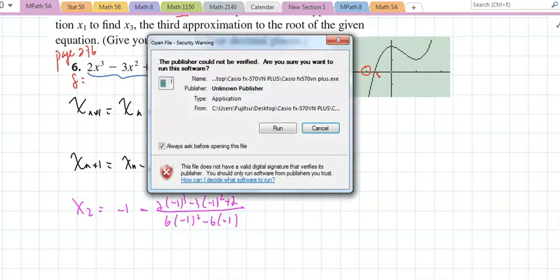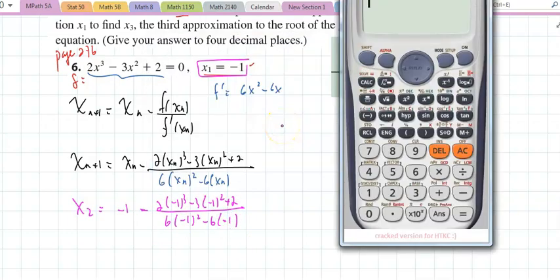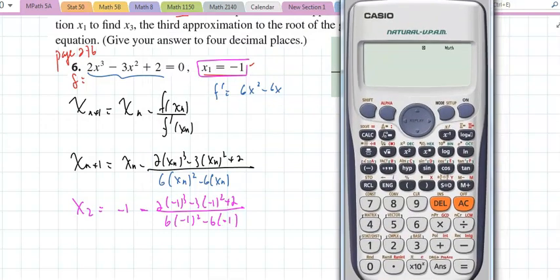And if I get my calculator out and input this stuff in, here it is.